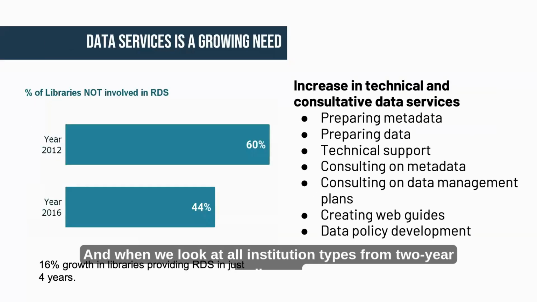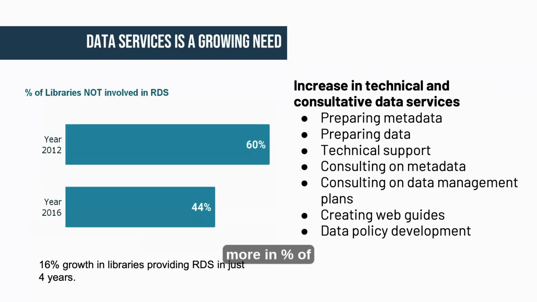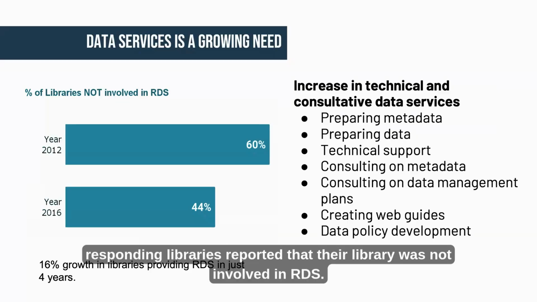And when we look at all institution types, from two-year colleges, bachelor's and master's programs, as well as doctoral colleges, we see that more libraries are getting involved in data services. An ACRL choice paper in 2019 found that in 2012, 60% of responding libraries reported that their library was not involved in RDS.